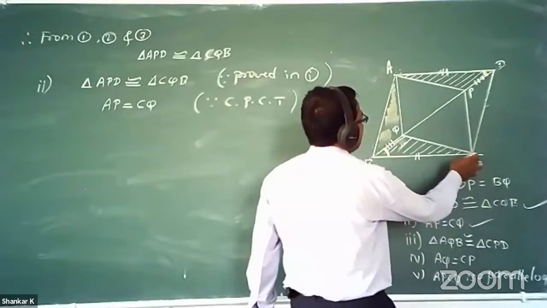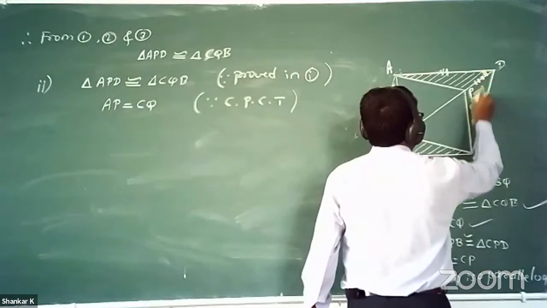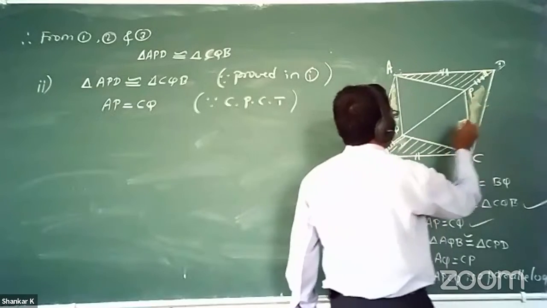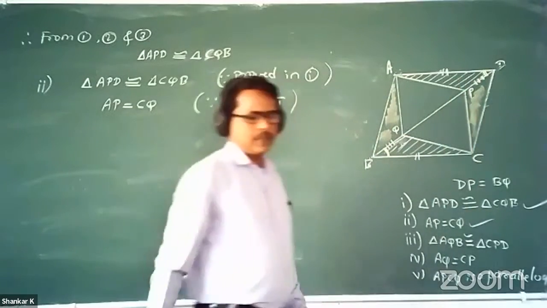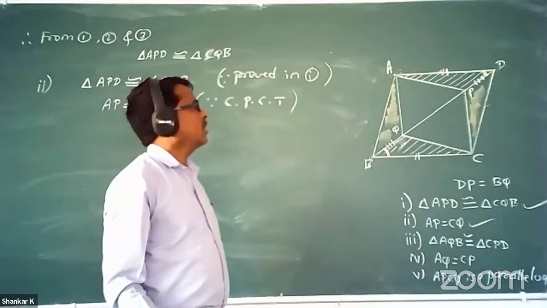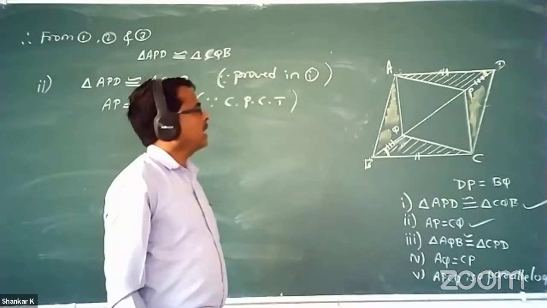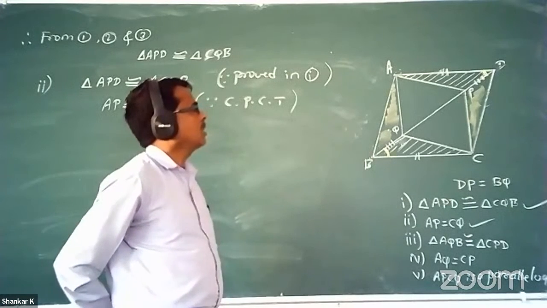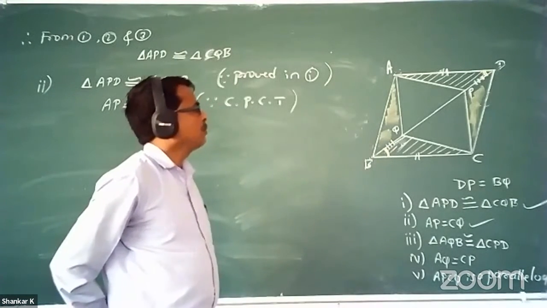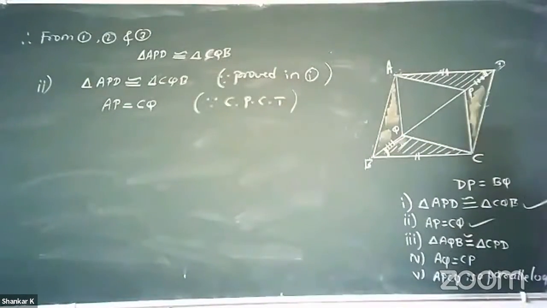Where is CPD? This one. Okay. We should show these two triangles are congruent. Which parts are equal there? Which are equal? Can you tell me which are equal? So these are congruent, some equal parts should be there.